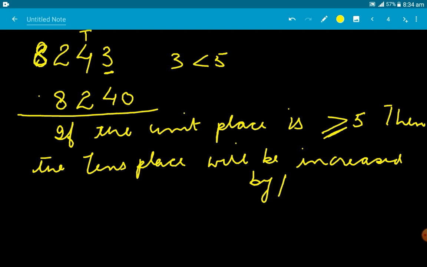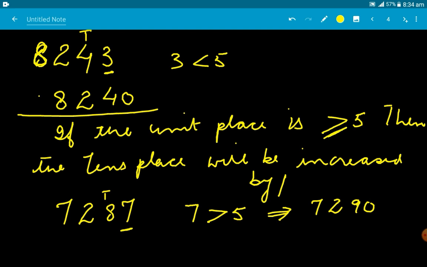How? Like 7,287. Now see here beta, this is the ones place, this is 7. So 7 is greater than 5. So the number will be rounded off to 7,290.